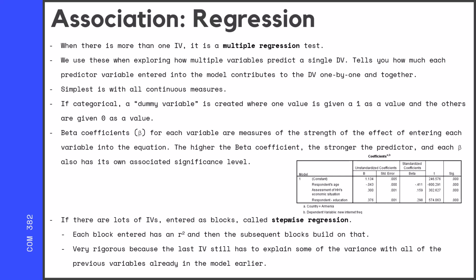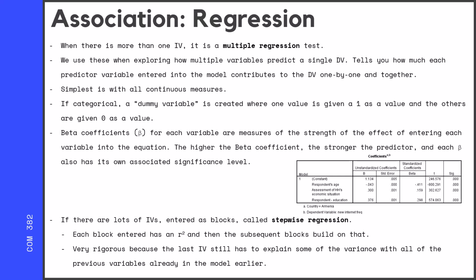So you basically make it a continuous variable that is 1 and 0. In a regression, beta coefficients, you can see this little character beta, for each variable are the measures of the strength of the effect of entering each variable into the equation. The higher the beta coefficient, the stronger the predictor is, and each beta has its own associated significance level.